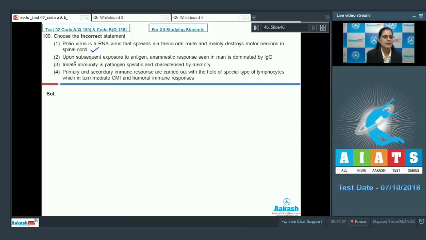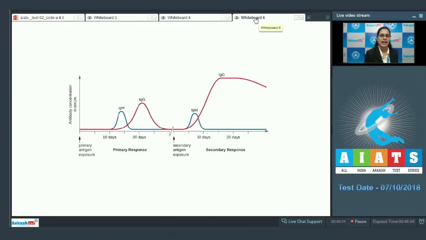The next statement given is upon subsequent exposure to antigen, an amnestic response seen in men is dominated by IgG, and this is also a correct statement. As you can see in this picture, the secondary immune response, that is when our body is invaded by the same pathogen a second time, there is a huge immunological response in which IgG is heightened in its levels.